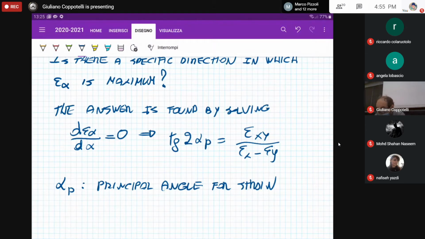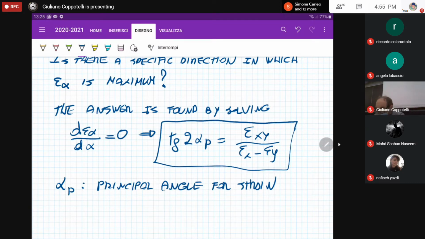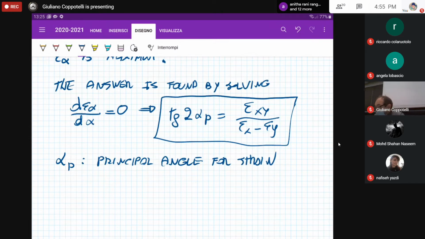It could be whatever, depending on the values of epsilon xy and epsilon x and epsilon y. Okay, so we found this alpha p, that is the principal angle for the strain, and the corresponding value of the strain could be found, both maximum and minimum, just by introducing that in the previous relation.